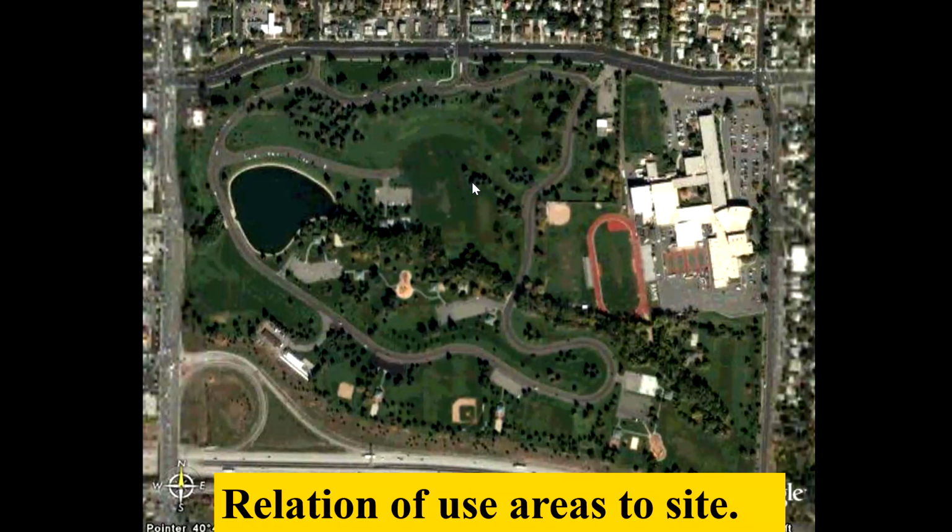Other use areas are these play areas with playground equipment for kids. And here's another one. The problem with this one is there's a creek running through, and most of the year it's tiny. But spring runoff can be pretty big, so having your children's play area close to the stream can be a bit of a problem.